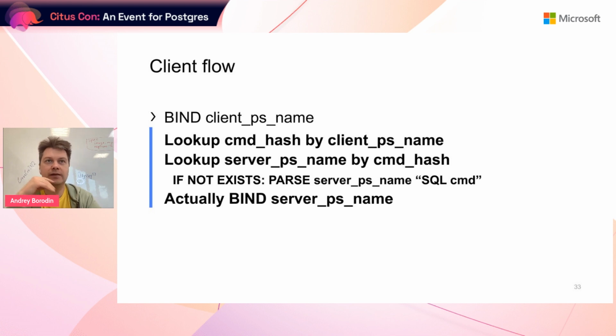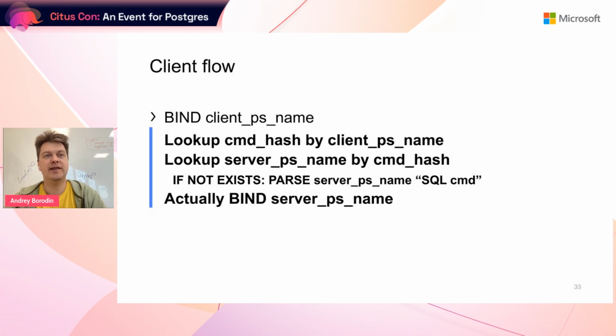When the client is issuing bind, we are already connected to some server, and we look up by hash of SQL how this prepared statement name is known to the server.